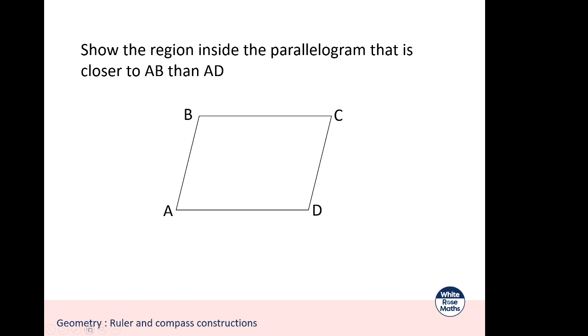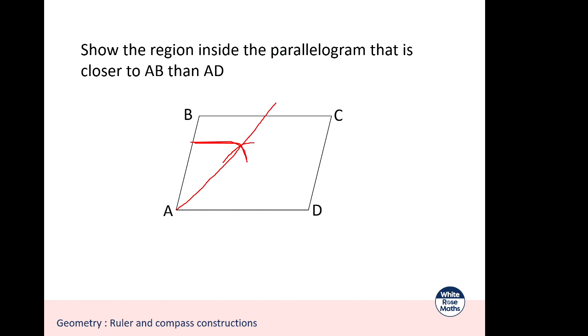If you're not sure, you grab your compass and do a little arc from here, like that. On this side, take your compass and do another little arc, and where they cross is exactly the same distance from AB and AD.